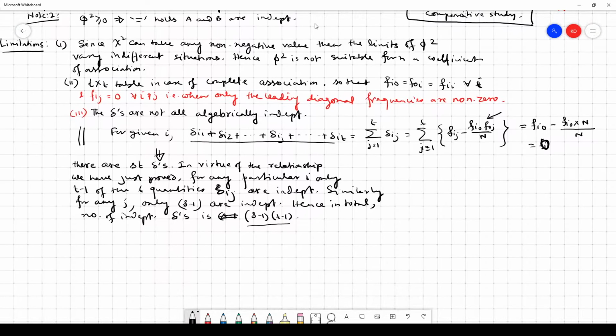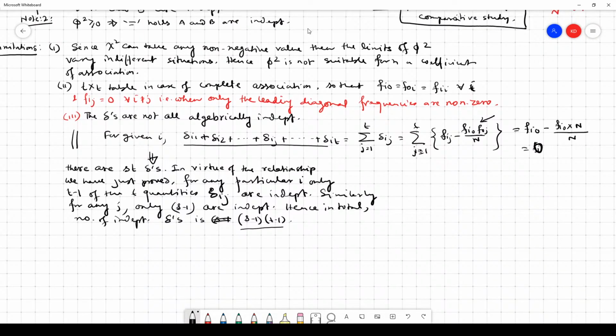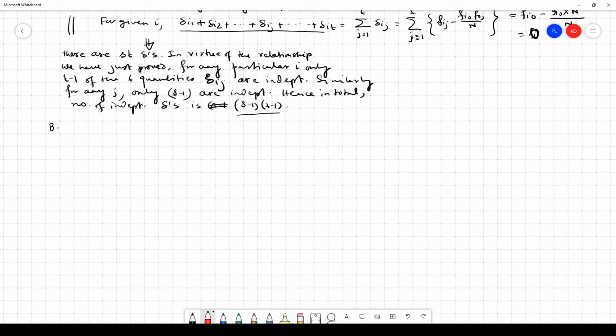Okay, so next, I considered this, called Karl Pearson coefficient of mean square contingency.